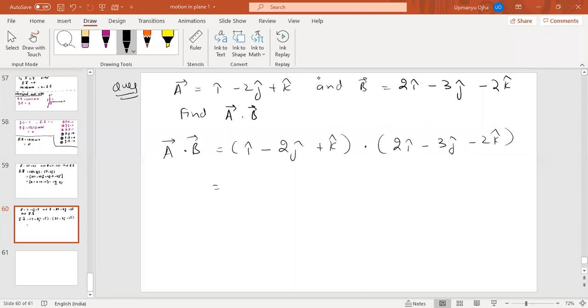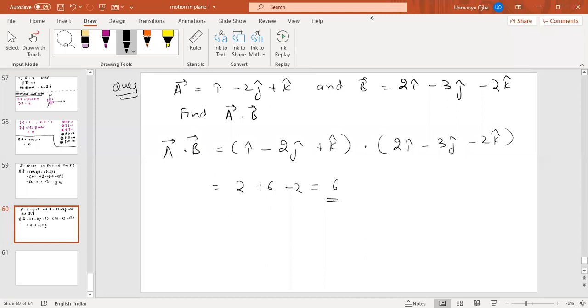So i cap with 2i cap comes as 2, minus 2j cap into minus 3, minus minus becomes plus, so 2 into 3 is 6. Then k into minus 2, that is minus 2. So the answer will come as 6.